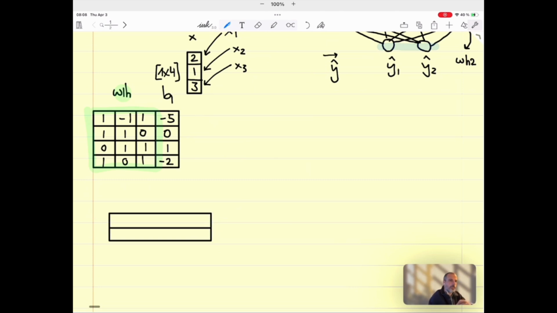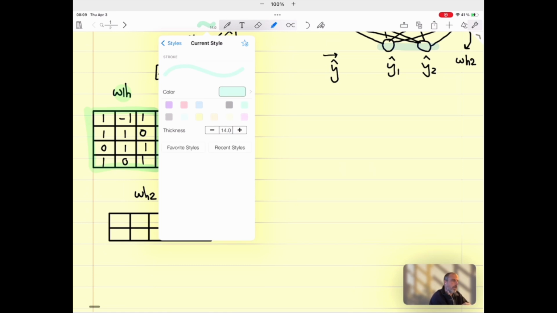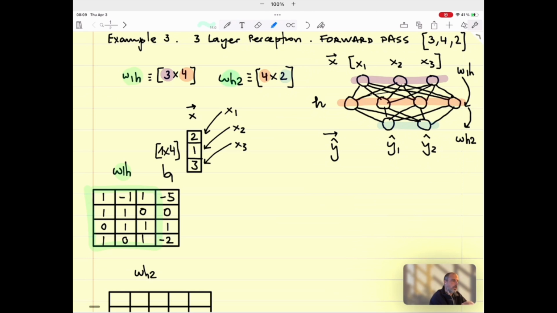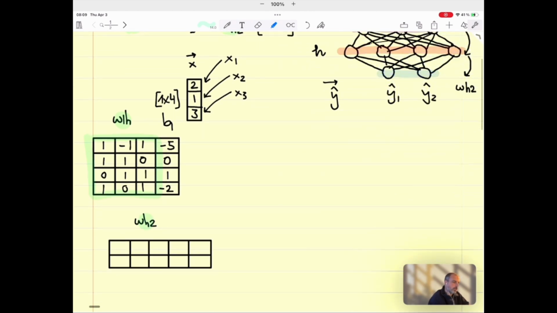So we have 4 by 2, so this is the weight matrix H22, sorry, H22, and 4 by 2.